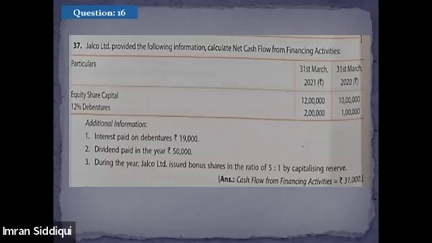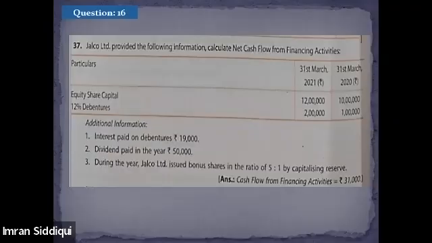So what does this say? It says that for every 5 shares, the company has issued 1 equity share as the bonus share. 5:1 basically means the company is issuing 1 share for every 5 shares held by the equity shareholder.